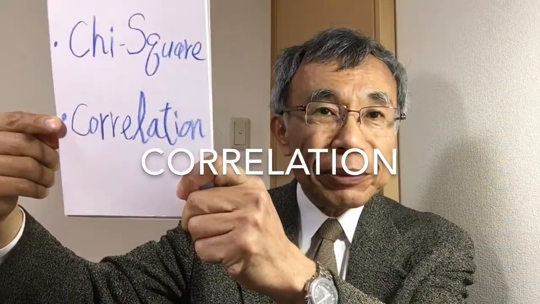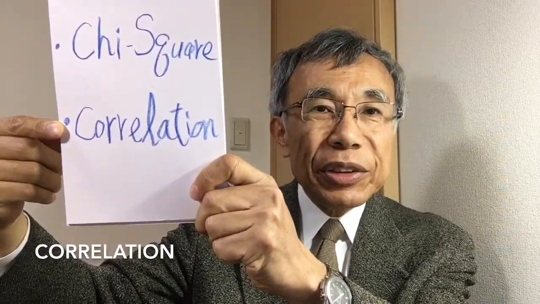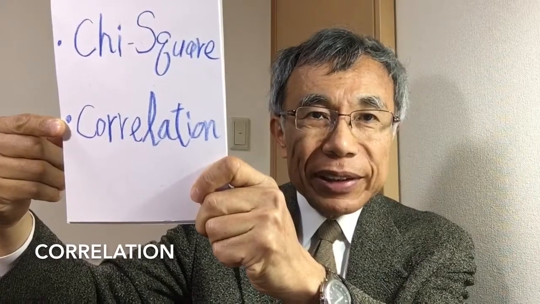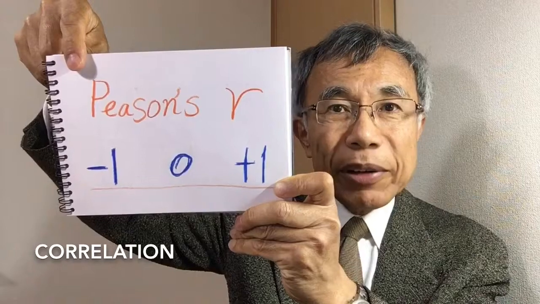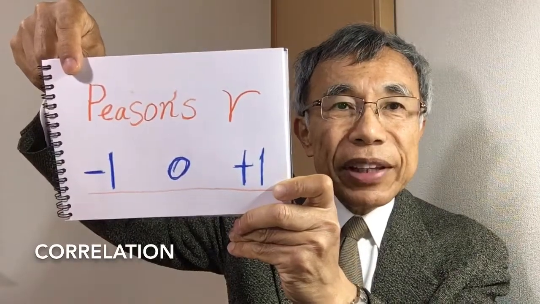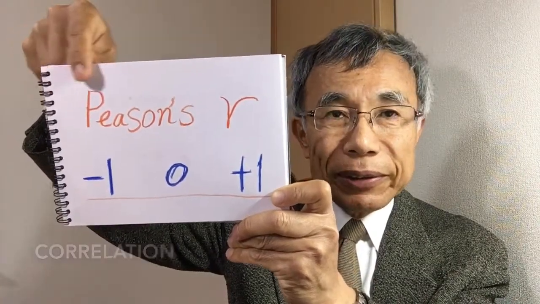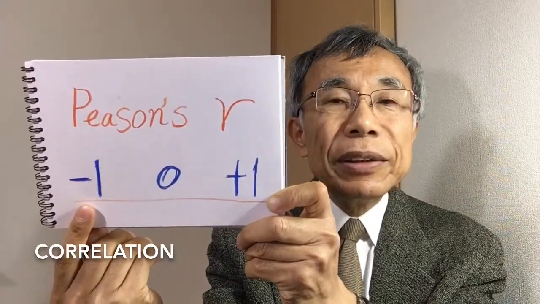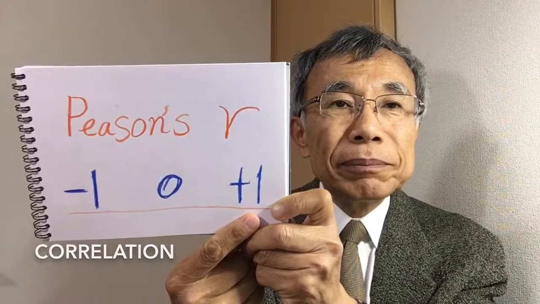Then correlation. A correlation coefficient is used to measure the strength of the relationship between numeric variables. Example, weight and height. The most common correlation coefficient is Pearson's r, which can range from -1 to +1.